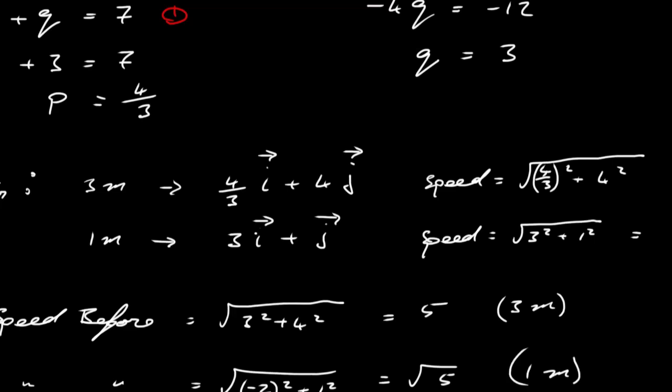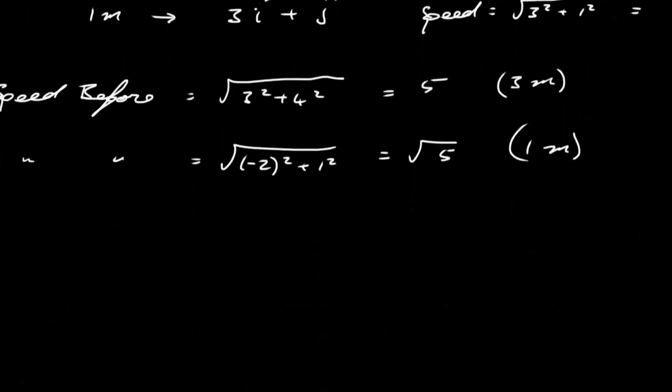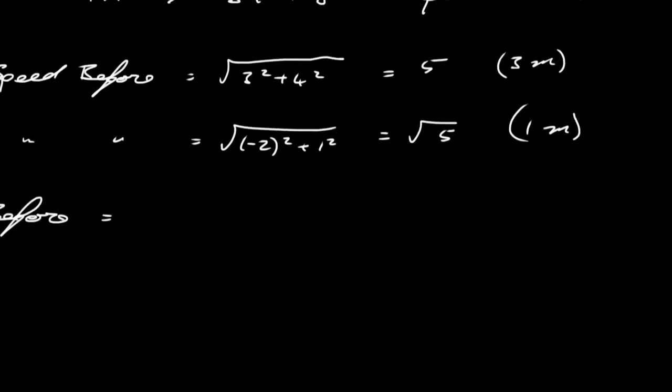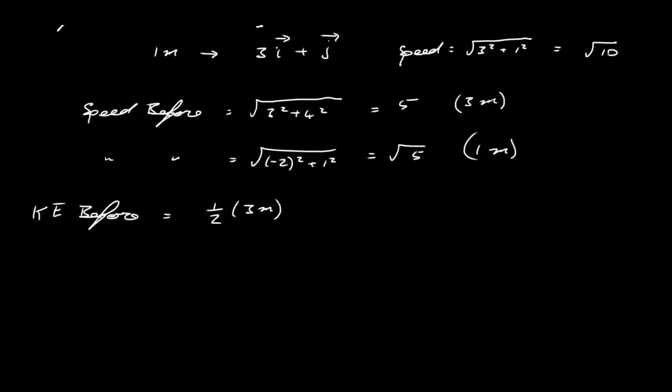So I have the speeds before, the speeds afterwards, so let's just work out the kinetic energy. The kinetic energy before is equal to half mv squared, so it's just half of 3m times 5 squared, plus half of 1m times the square root of 5 squared. When you do all of that, you'll get 40m.